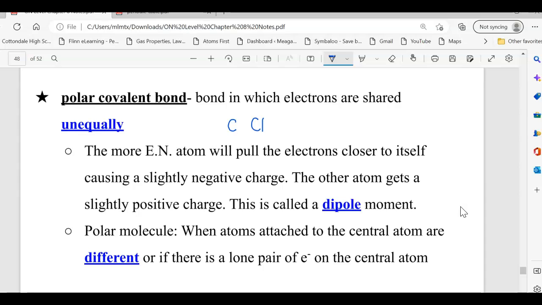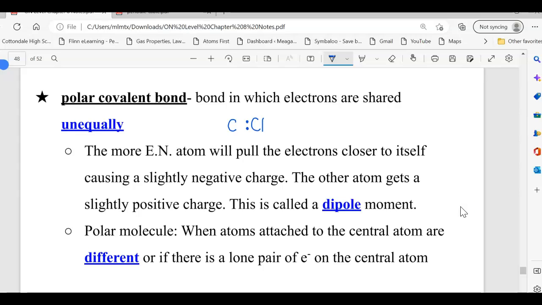Normally what we would see is two electrons in the center. Those two electrons are being shared. I'm using the two electrons instead of the line, just because I want you to see that there are electrons there instead of a bond. But if we look at the electronegativity, chlorine has a higher electronegativity, so the electrons are more attracted to the chlorine. The electrons would be closer to the chlorine than they are to the carbon.